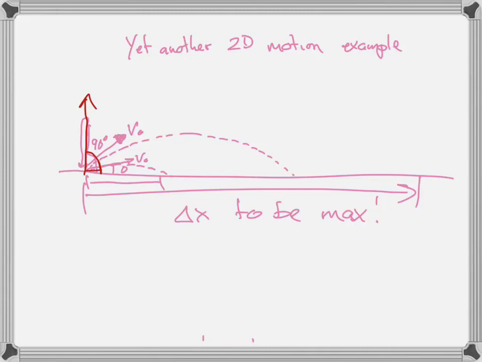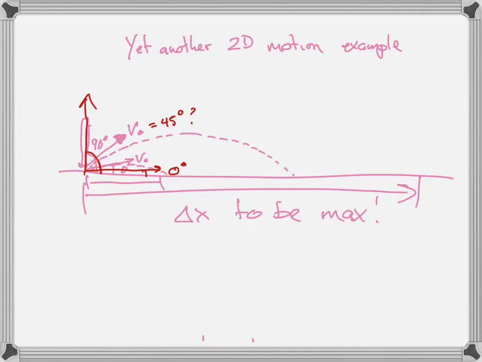If I throw horizontally, that's a 0 degree angle. So it's going to be something in between, and you might be able to guess, or you might already know, that maybe 45 degrees. That's going to be the answer. It's going to turn out that the farthest you can throw is at 45 degrees.